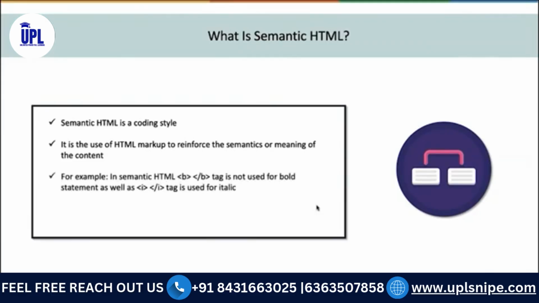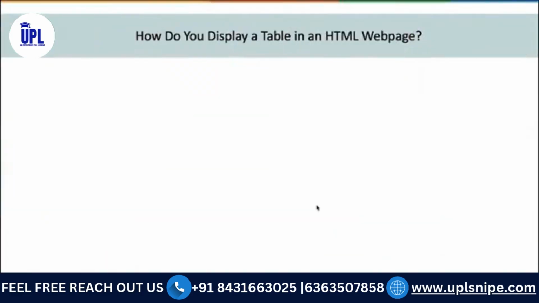So semantics are nothing but standard tags. Are we clear? You can see here that the bold tag is used for bold statements, and the italic tag is used for italics. Instead, we use strong and em tags. Are we clear now? This makes more sense to us.